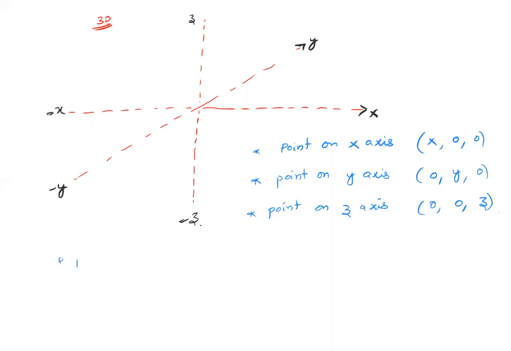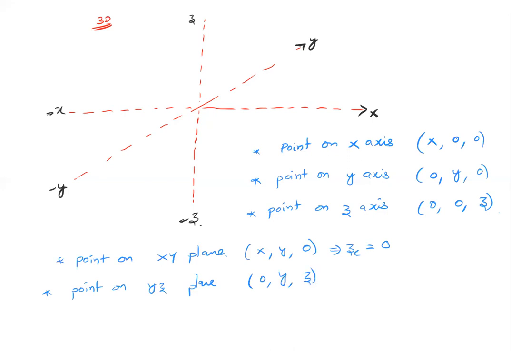Similarly, if you are taking a point on the xy plane, you have x comma y comma 0. Only x and y coordinates will be there. Z coordinate is 0. And if you are taking a point on the yz plane, then you will have coordinates in the form of 0 comma y comma z.